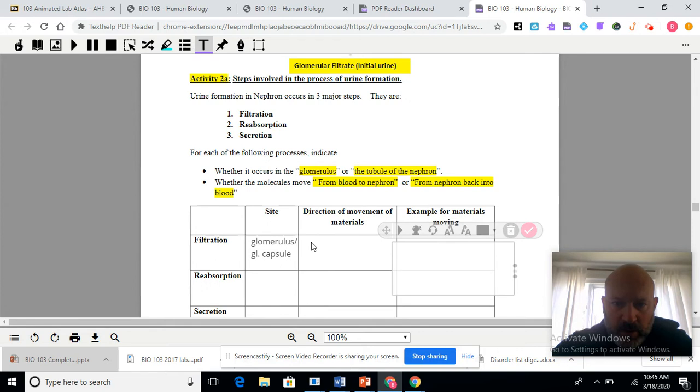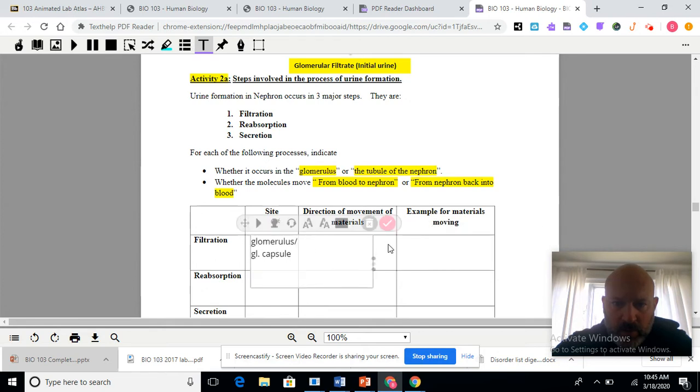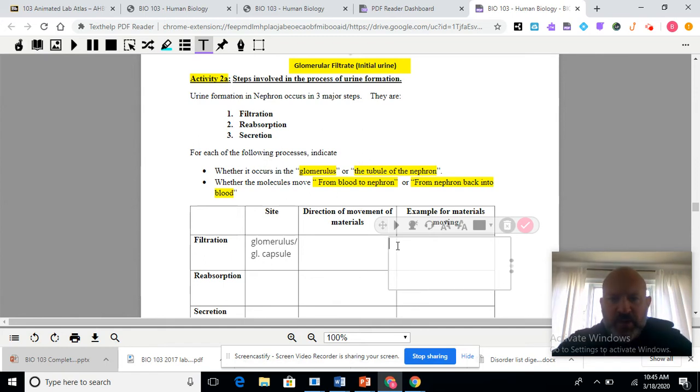All right, let's just write it over here and we can move it. The materials are moving from the blood to the nephron.